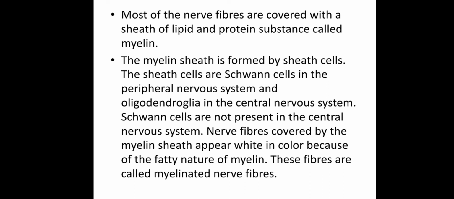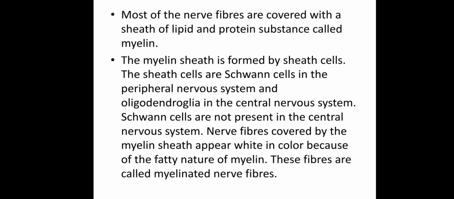Schwann cells are not present in the central nervous system. Nerve fibers covered by the myelin sheath appear white in color because of the fatty nature of myelin. These fibers are called myelinated nerve fibers.